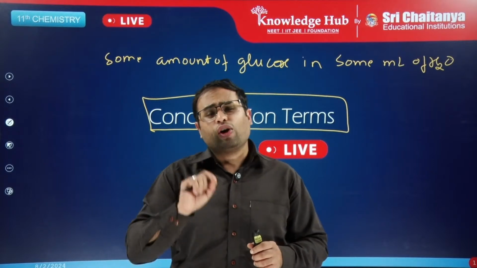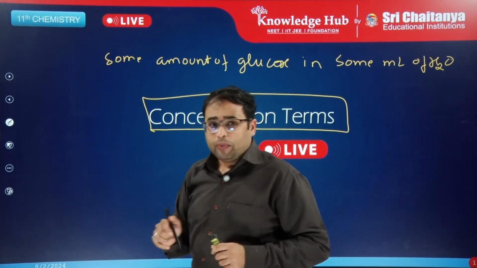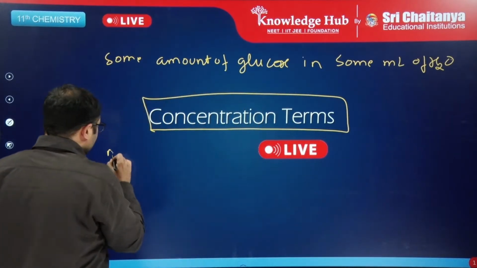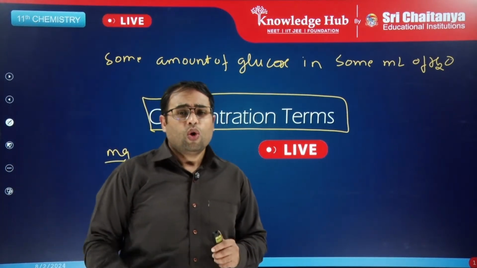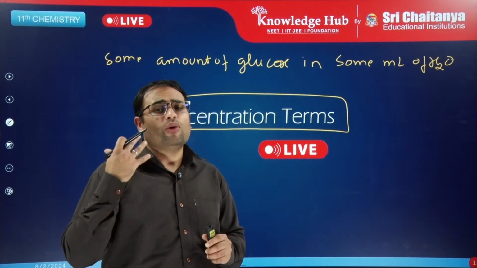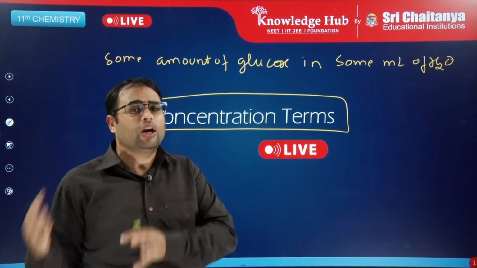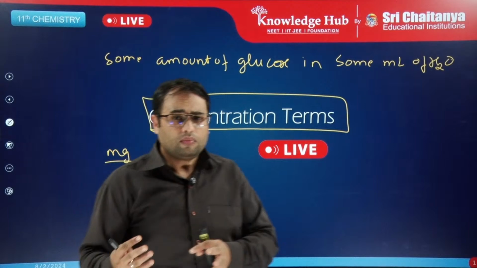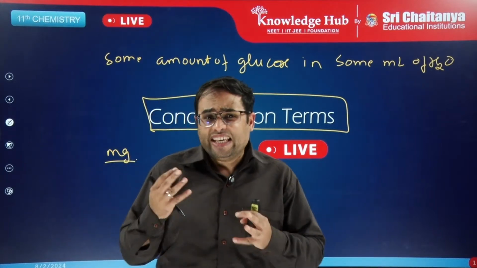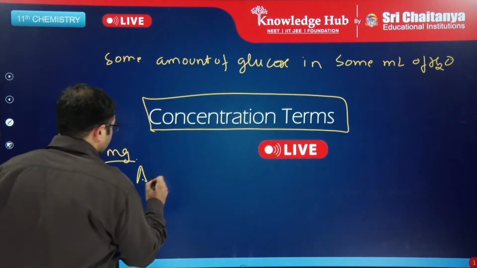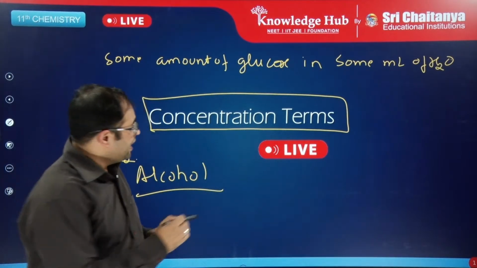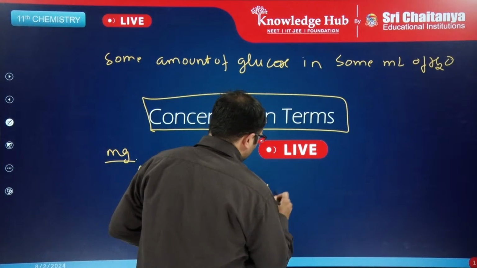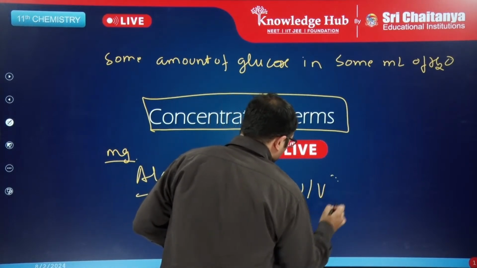Not even this, there are also medicines where you can see milligram written. What is this? This is the amount of substance in a particular solvent. Not only this, even in alcohol, which you get in the market, you will see it is written as 4% weight by volume.